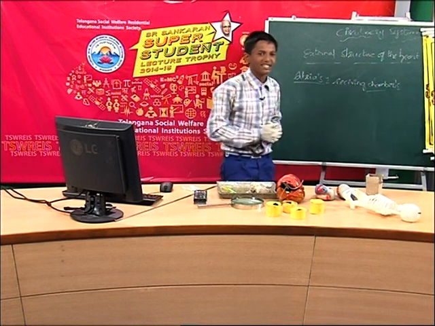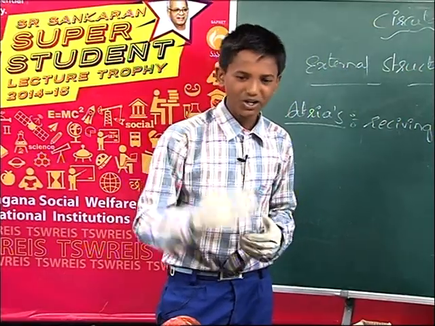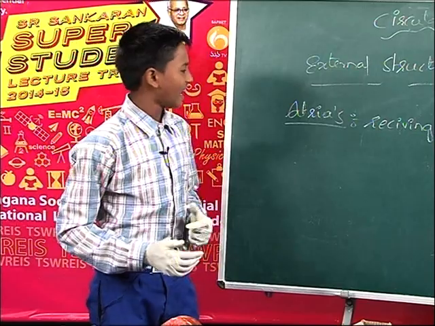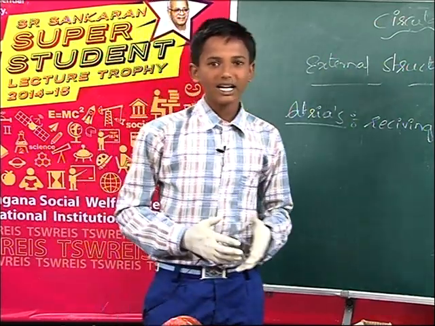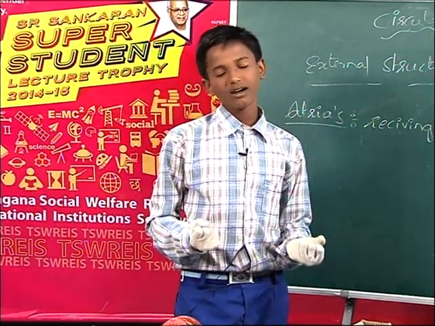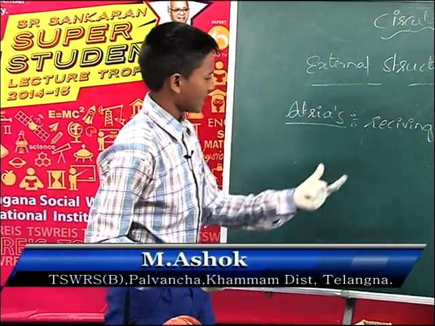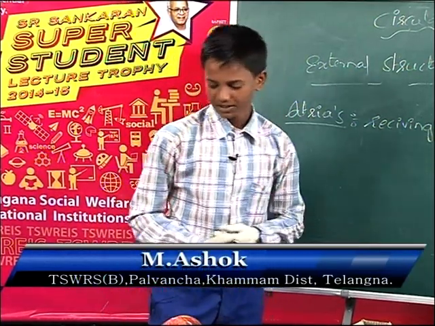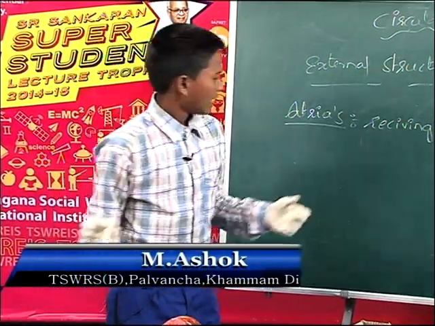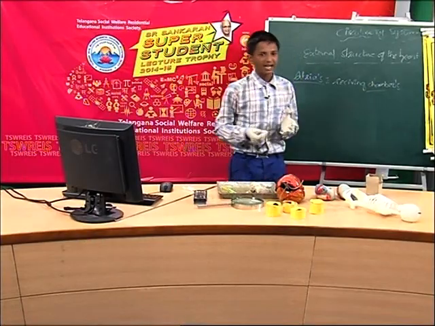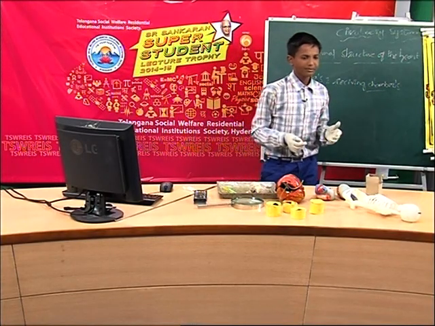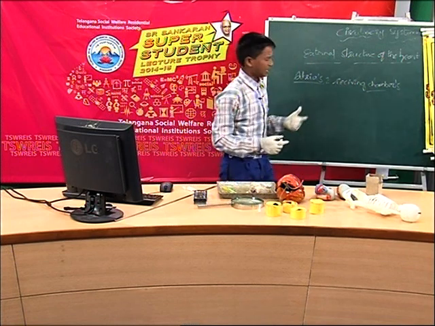Why do we call them the receiving chambers? Very good, Tswreis. We call them the receiving chambers because they receive the blood from all parts of the body. And the muscles of the atria are thinner than the ventricles. Why?